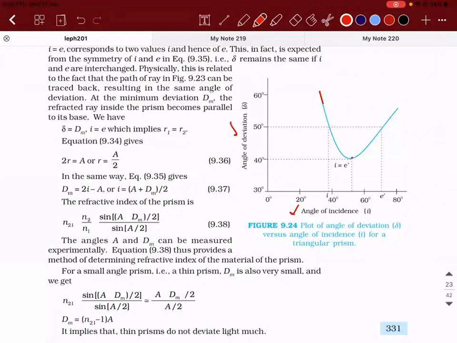The angle of deviation will keep decreasing till a certain value, after which again the angle of deviation will increase.